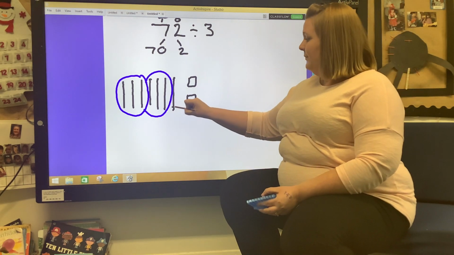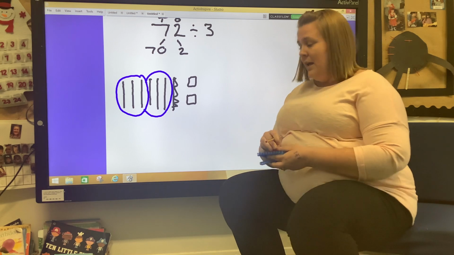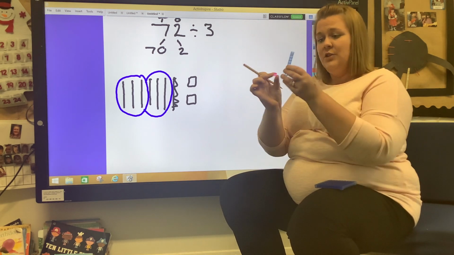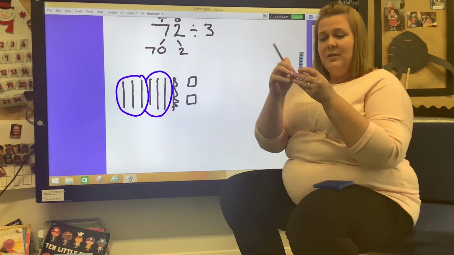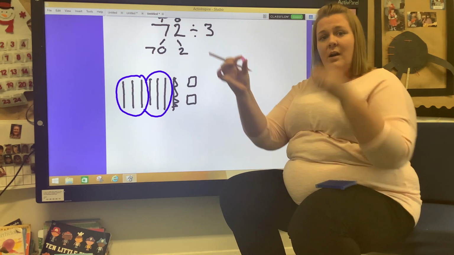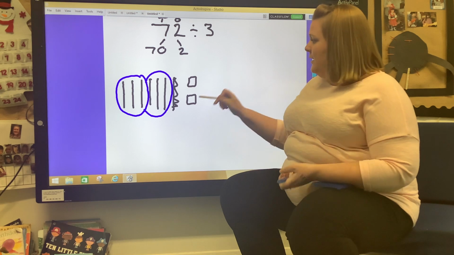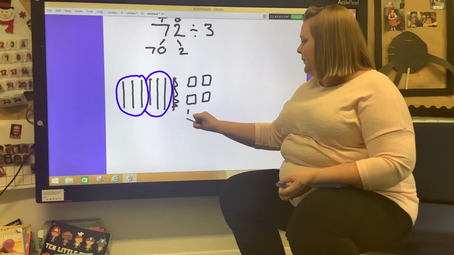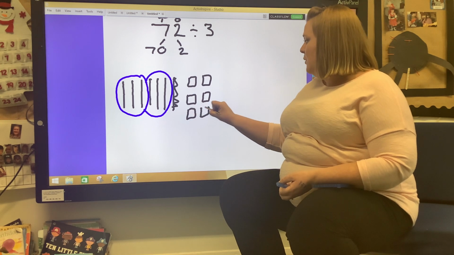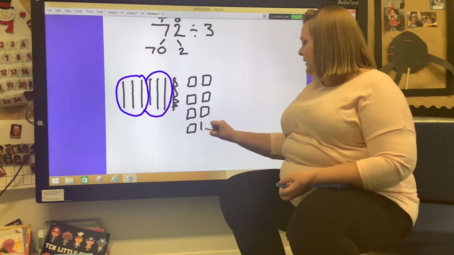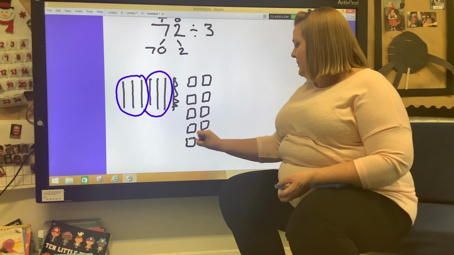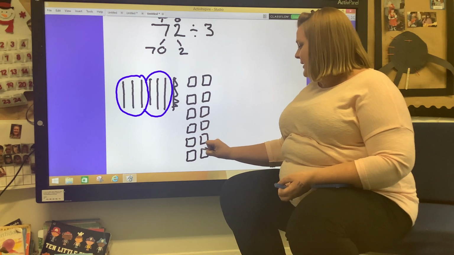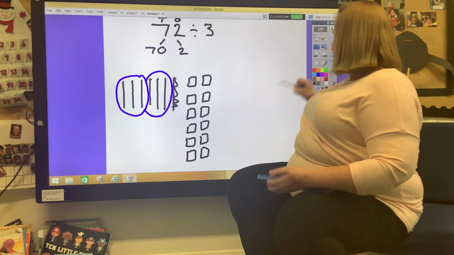Instead, I'm going to cross it out, and I'm going to exchange it for 10 of these pieces. And the children will know from working with these that 10 of these 1s are equivalent to 1 of these sticks. So I'm exchanging for 1, 2, 3, 4, 5, 6, 7, 8, 9, 10 1s pieces instead.